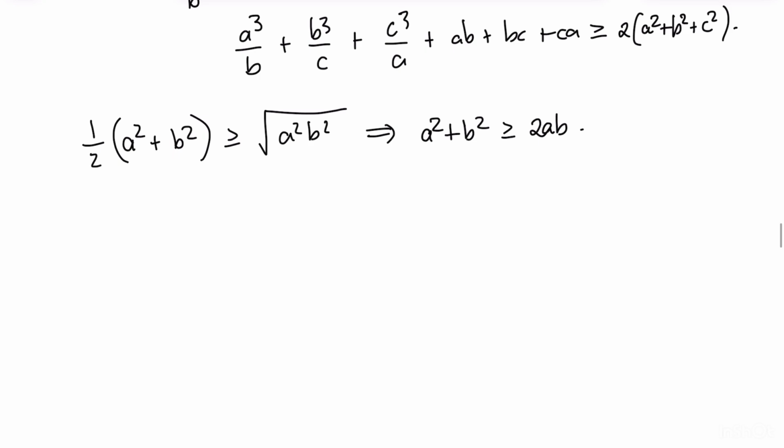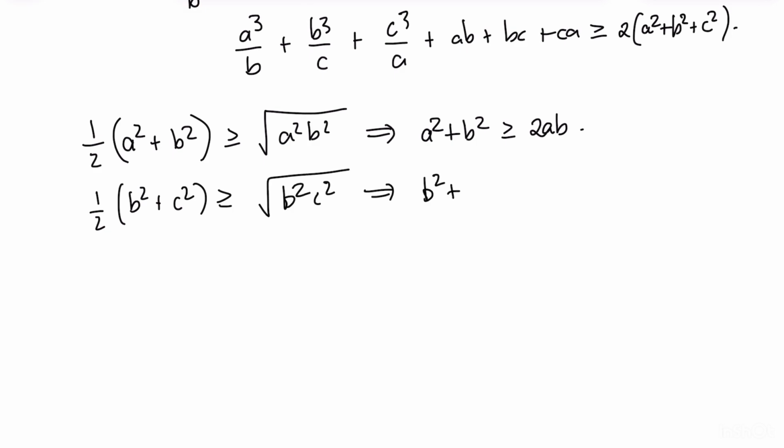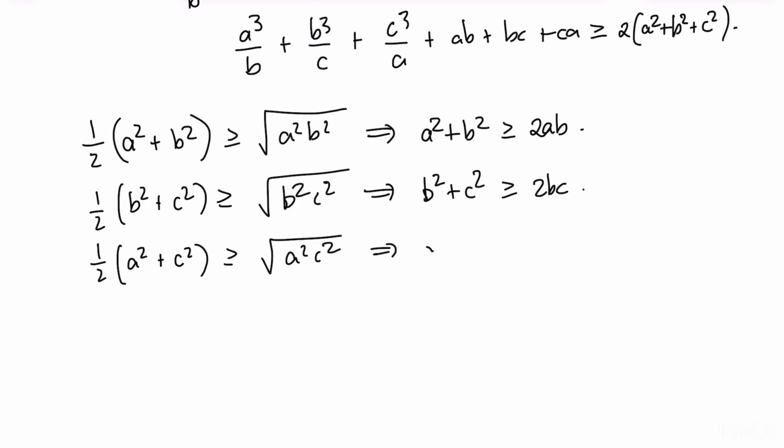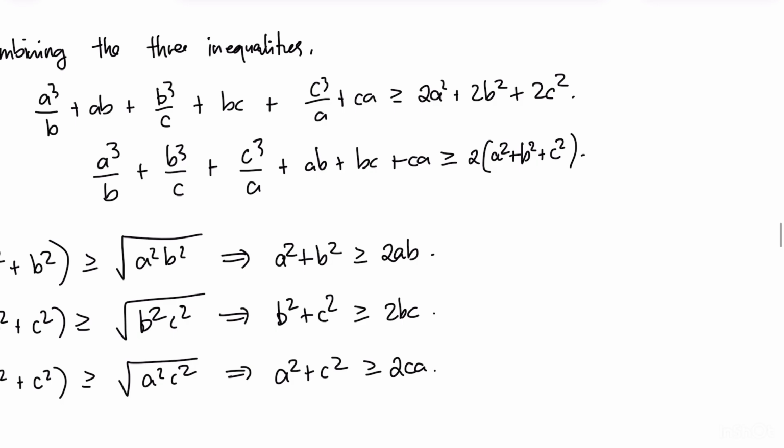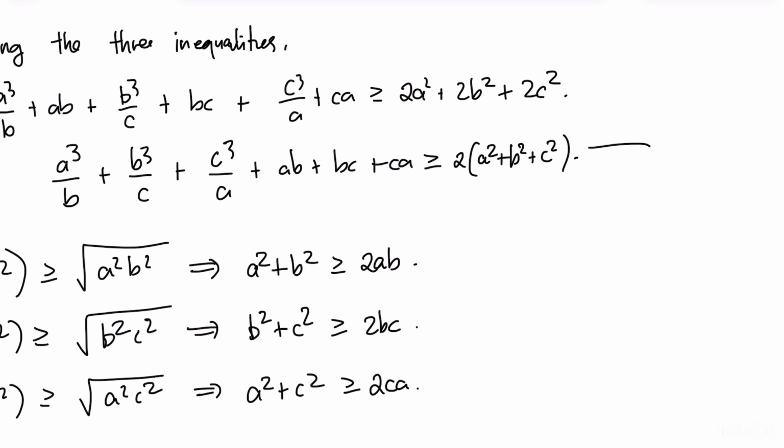We're going to do the same thing with b squared plus c squared. So this becomes b squared plus c squared greater than or equal to 2bc. And lastly, we have a squared plus c squared, which becomes a squared plus c squared greater than or equal to 2ca. Now I'm going to denote this whole inequality as inequality 4, and these as inequality 5, 6, and 7.